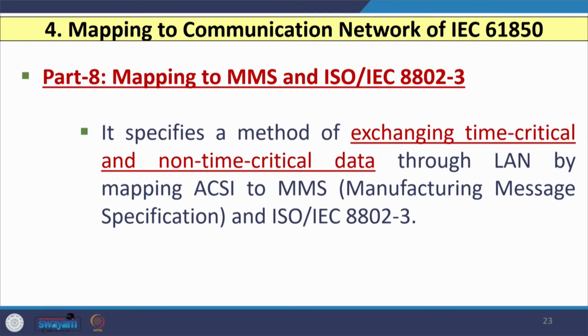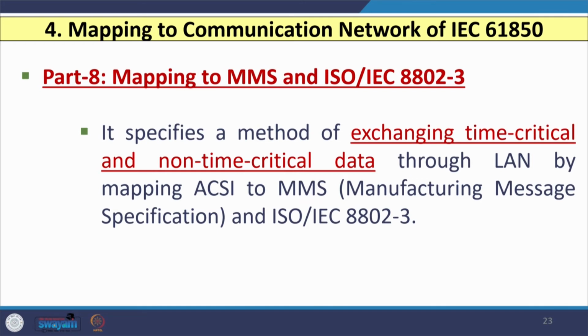It specifies a method for exchanging time critical and non time critical data. Normally, time critical data are those used for protection functions, maybe acquired directly, such as raw samples, or the status of circuit breakers. Non critical data may be reporting data or measuring data. Those are non time critical data.